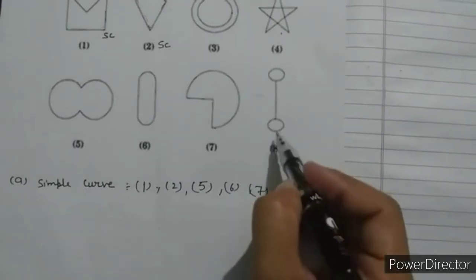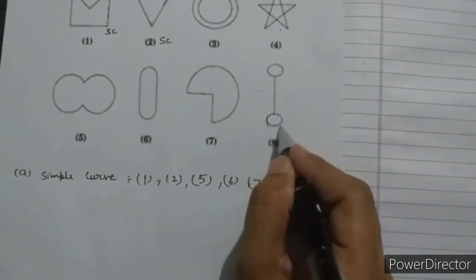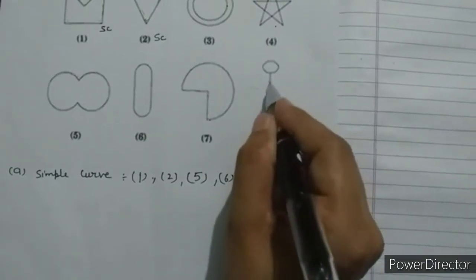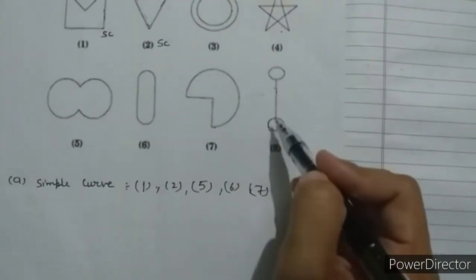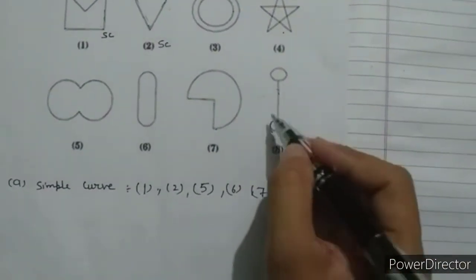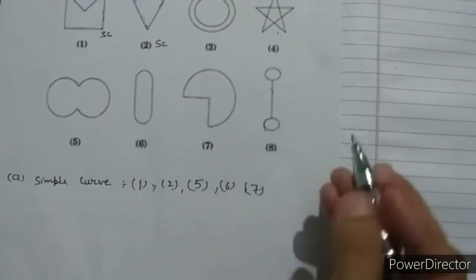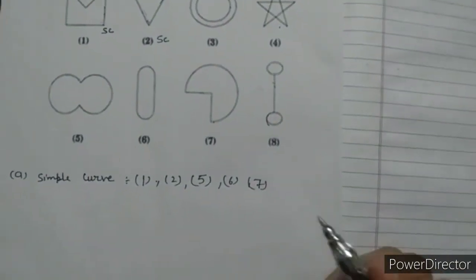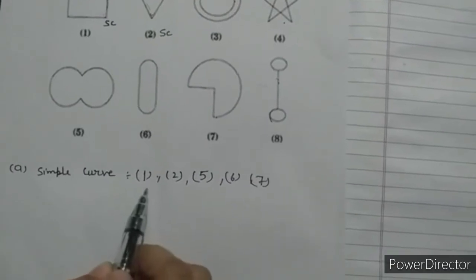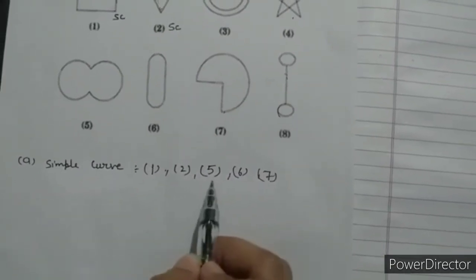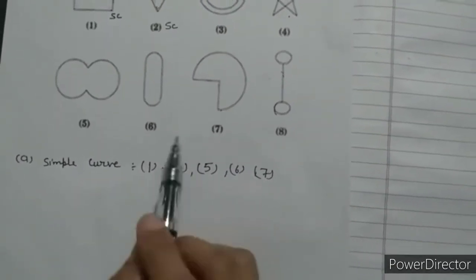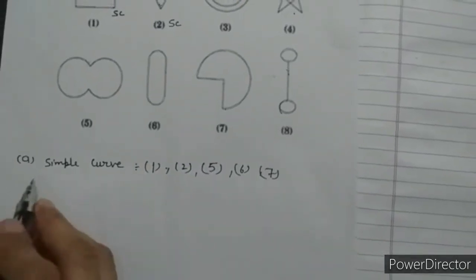It is not a simple curve, because if I draw this circle, then I have to lift my pen for completing this figure. So it is not a simple curve. So figure number 1, figure number 2, 5, 6 and 7 are the simple curves.